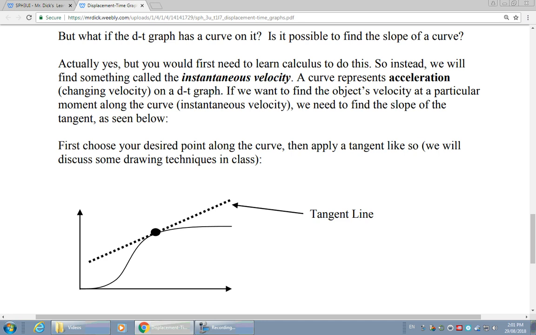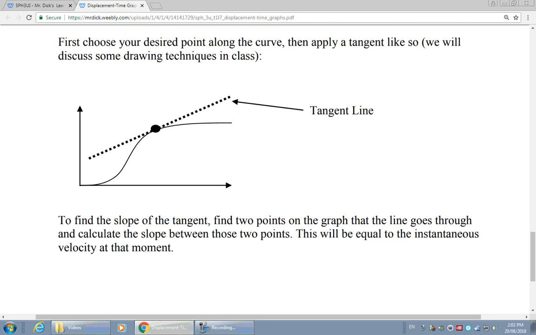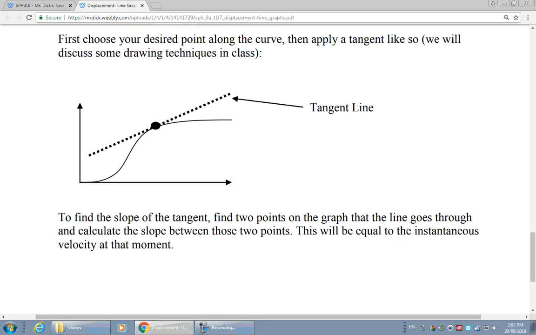So if we want to find the object's velocity at a particular moment along the curve, we just need to find the slope of its tangent line at that point. So let's take a look at what that means. Here we have our graph with a curve on it, and there's a specific point, where that big dark block is right there, that we are trying to find its specific slope.